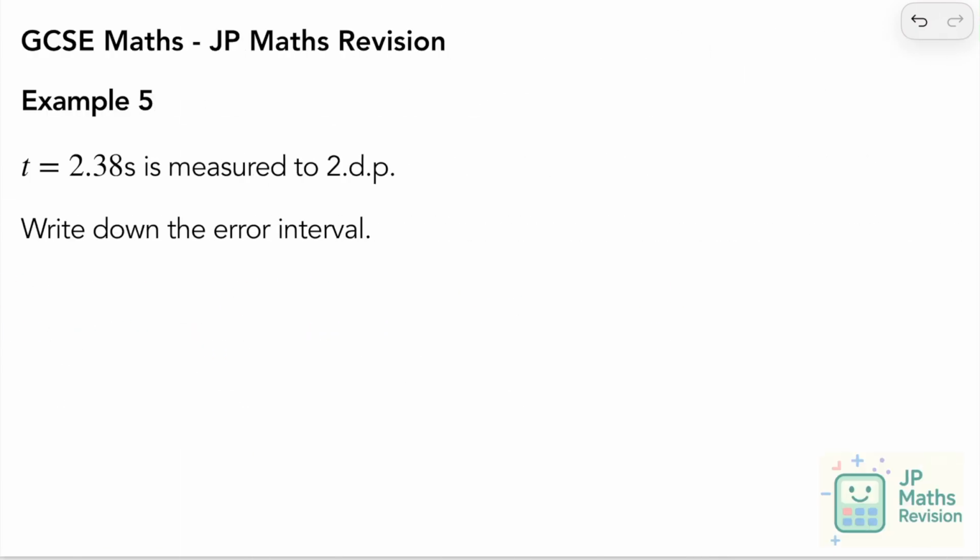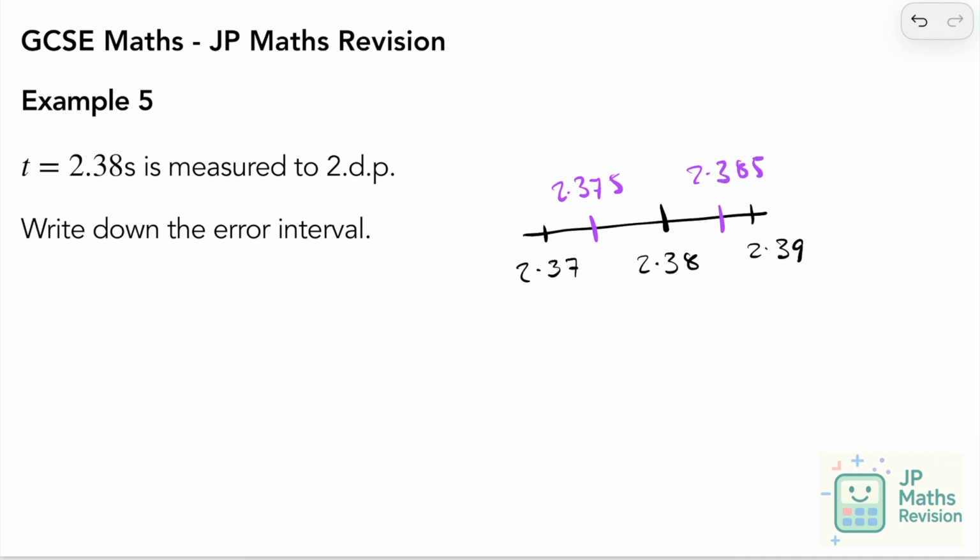This one here, we have 2.38 seconds to two decimal places. So I'm going to write the number, so 2.38, so to two decimal places, that's going to be between 2.37 and 2.39. So the numbers in the middle of these is going to be 2.375 and 2.385. So it's going to be 2.375 is less than or equal to t, which is less than 2.385.